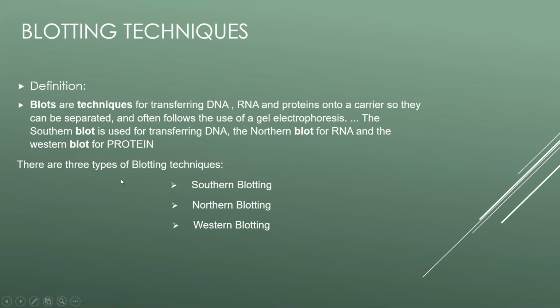There are three types of blotting techniques. The first one is the Southern blotting technique, next the Northern blotting technique, third the Western blotting technique, and fourth the dot blot technique. This is not important. These three are very important.